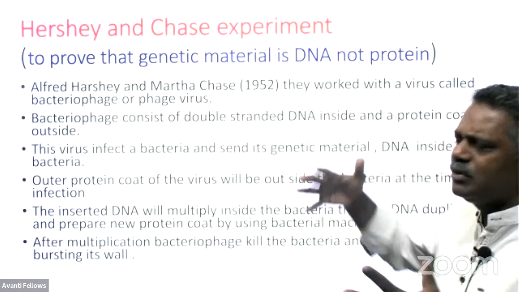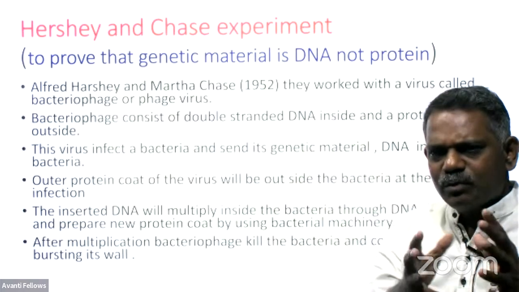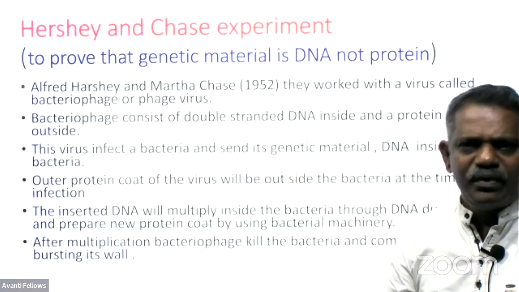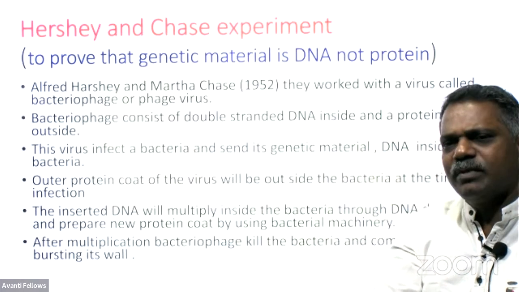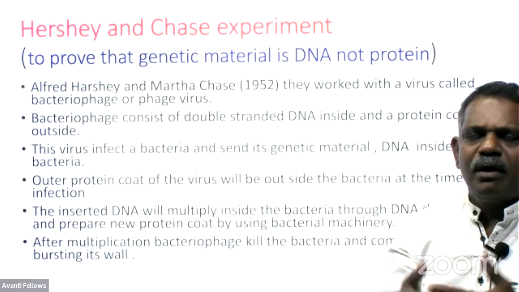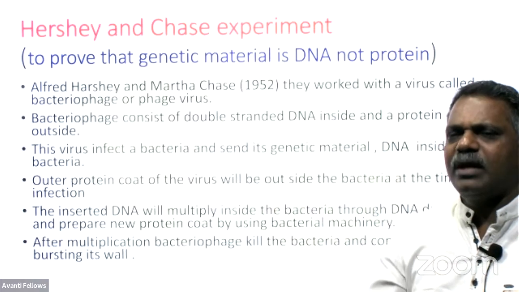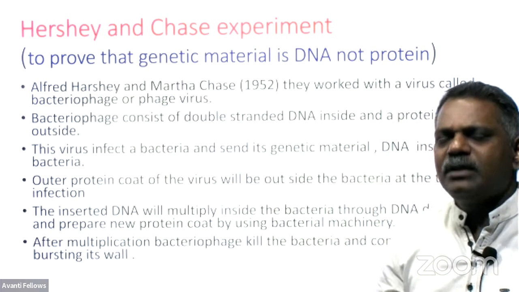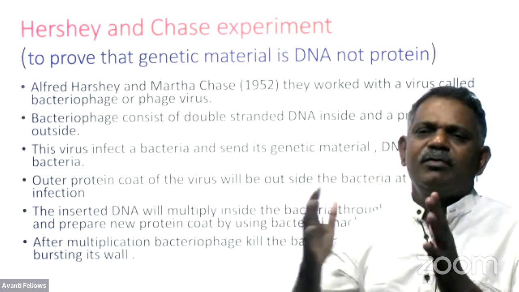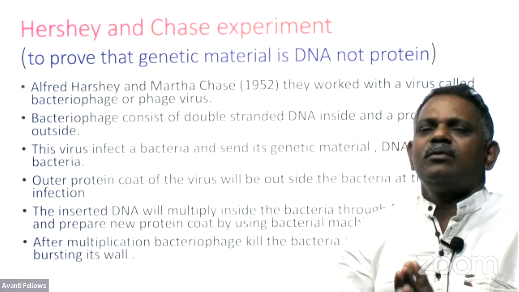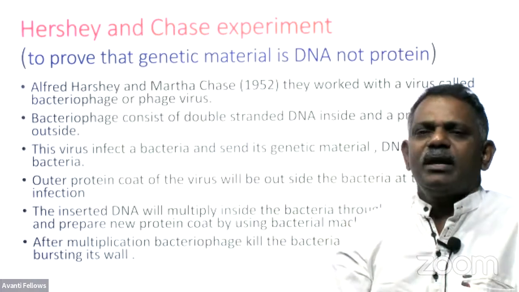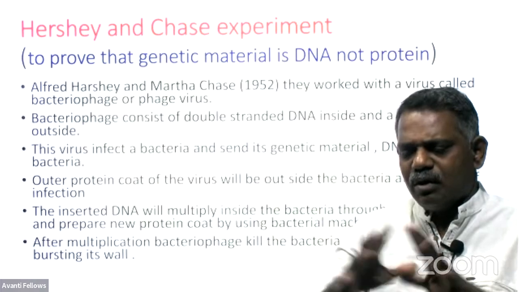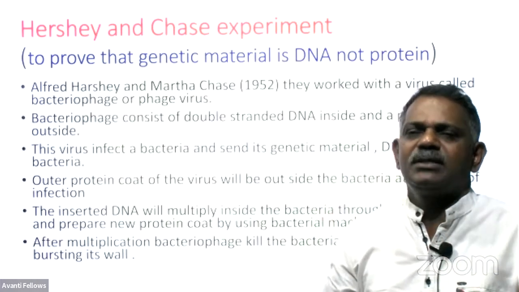Similarly, the bacteriophage sends only its DNA inside the body of the bacteria. After sending the DNA into the cytoplasm of the bacteria, it goes for replication and makes many copies. Later, after making many copies of the DNA through the duplication or replication process, it makes a protective cover by utilizing all the machinery present in the bacteria.